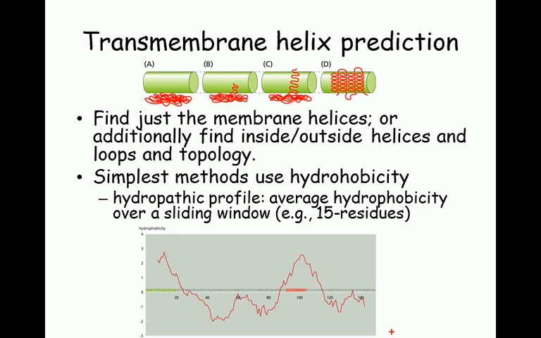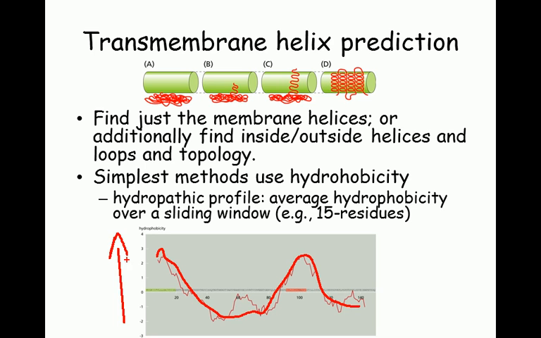So the transmembrane regions of proteins will be more hydrophobic, and the things that are inside and outside the membrane are going to be more hydrophilic. If you take a sliding window and take the moving average of the hydrophobicity values of amino acids, you'll get a plot like this. All right.